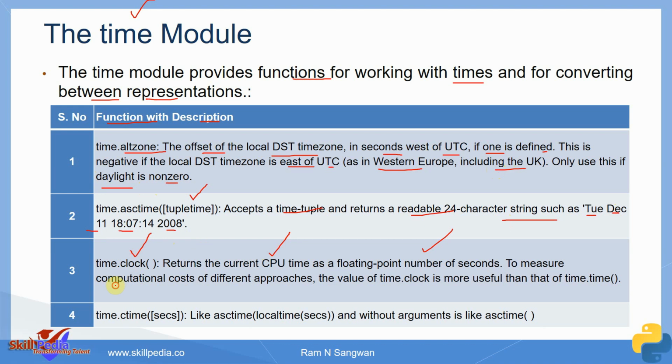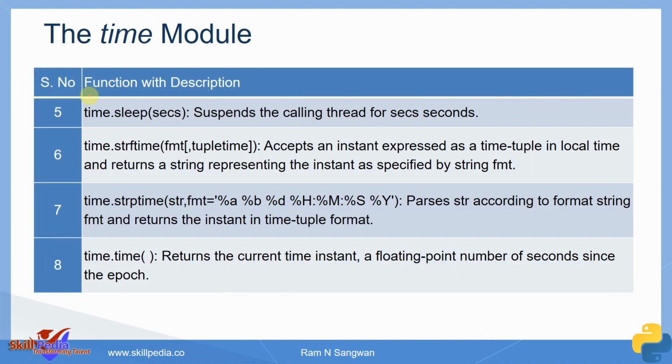To measure the computational cost of different approaches, the value of time.clock is more useful than that of time.time. Then time.ctime(seconds): like asctime, this without an argument is similar to it. Then we have sleep in seconds, quite self-explanatory. It suspends the calling thread for the seconds you specify.